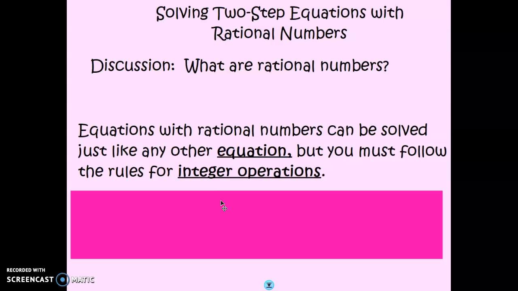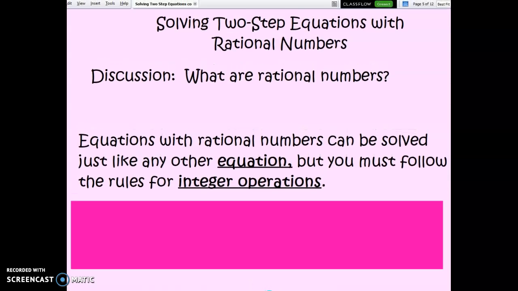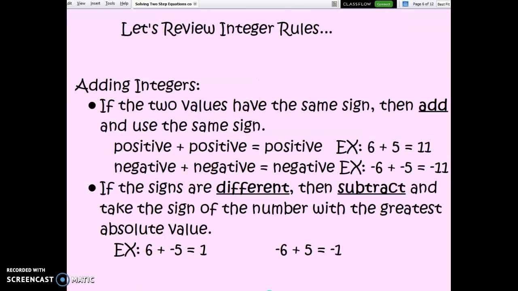I'm going to quickly review those with you and then let you have a chance to work on some integer problems before we get into working with our equations. Okay, so here we have our review.